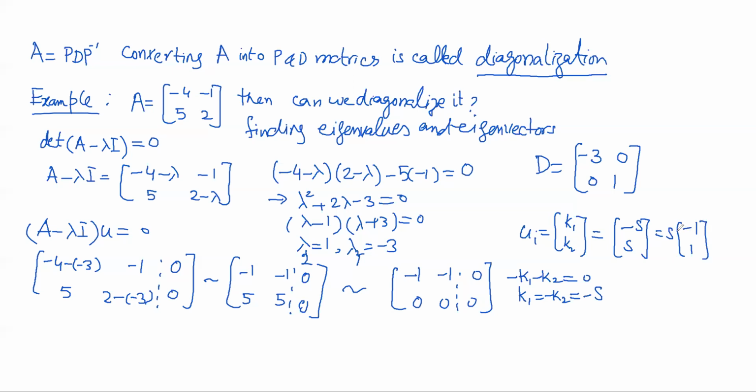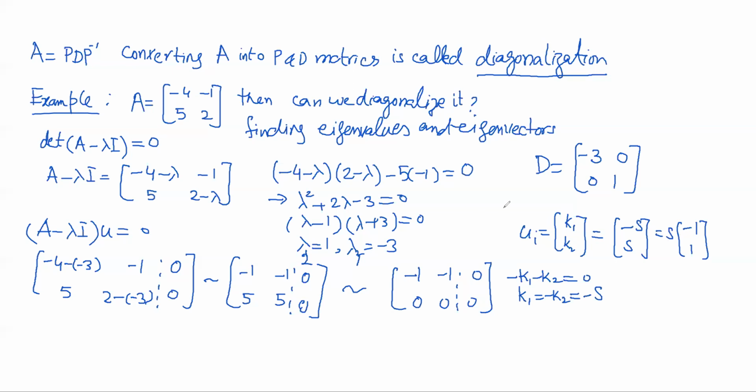You can also change the sign: if you multiply minus 1, 1 by minus 1, the signs change to 1, minus 1. So 1, minus 1 will also be correct, and minus 1, 1 is also correct. So we get one eigenvector as minus 1, 1.